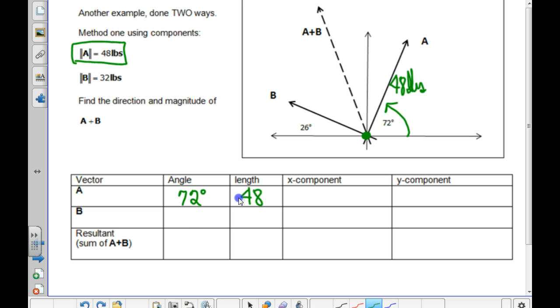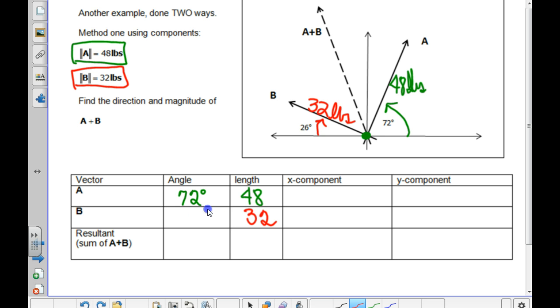Okay. Vector B is over here, and it says right here it's 32 pounds. So its length is 32. But the only angle we're given about B is this 26 degrees. Are we going to put 26 degrees here?